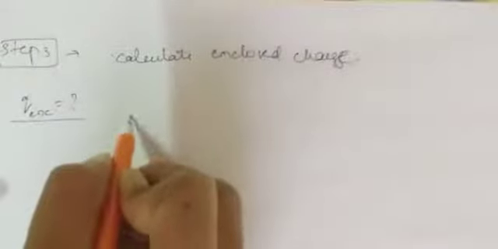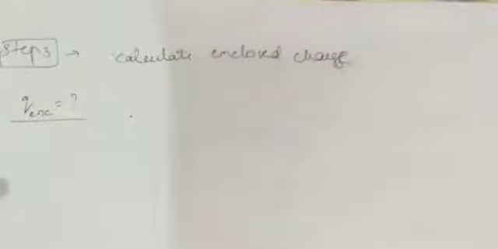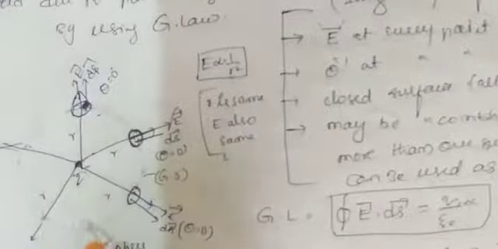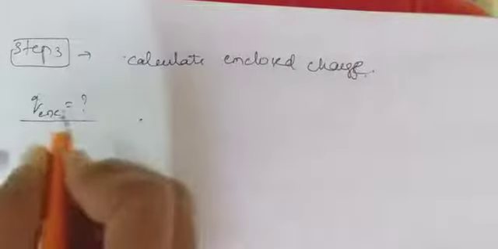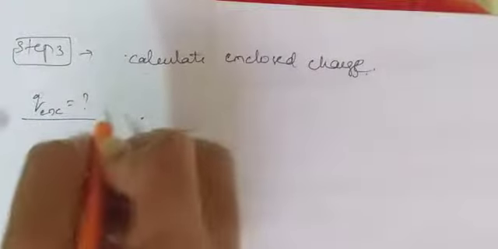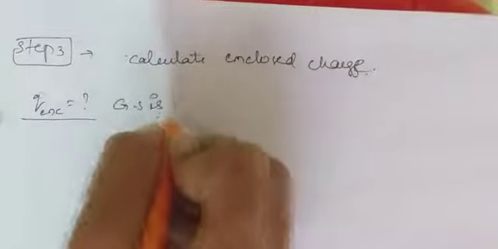Here we have taken one charge, the charge is only one charge, so the total charge which is enclosed by this closed surface is how much? Q. So the charge enclosed by the Gaussian surface is Q.